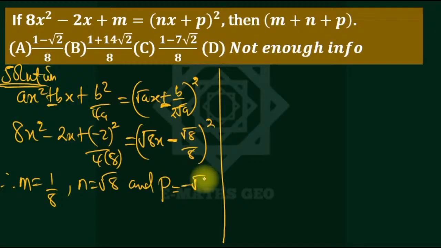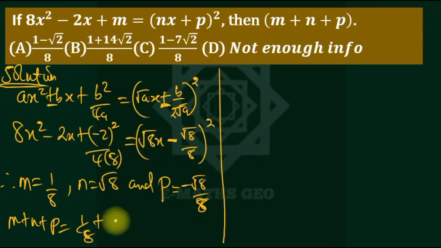So we're asked to find m plus n plus p, which is 1 over 8 plus root 8 plus minus root 8 over 8.